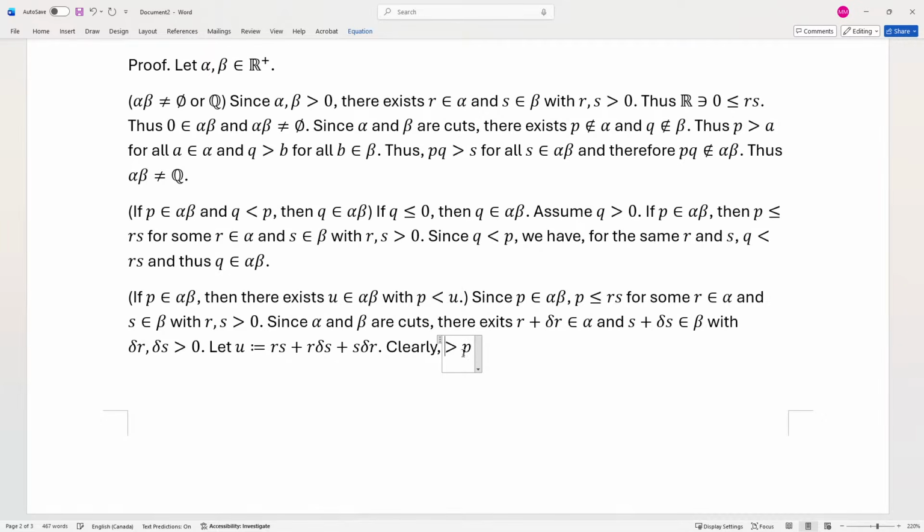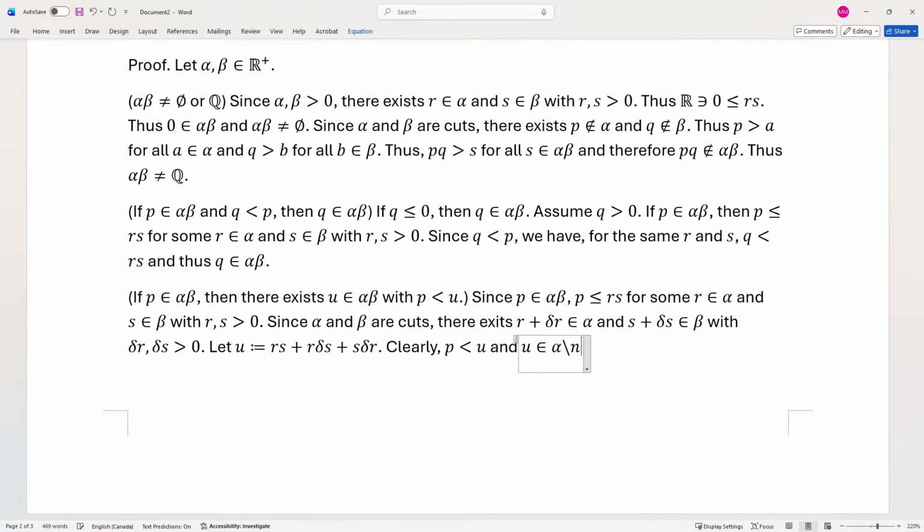P is less than U, and U is also in alpha times beta. That's the next requirement.